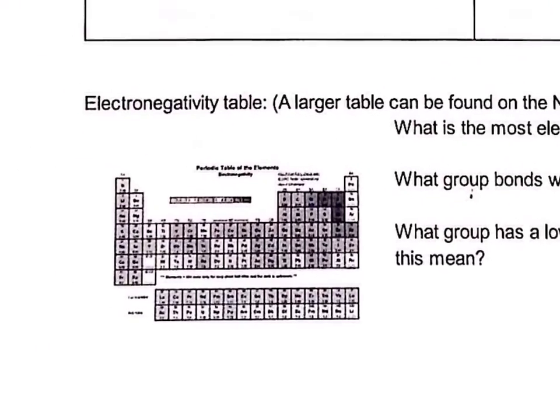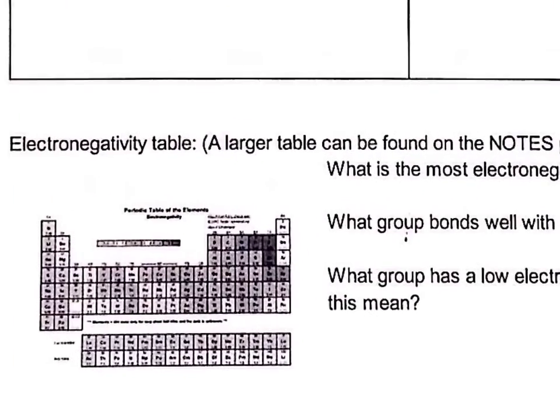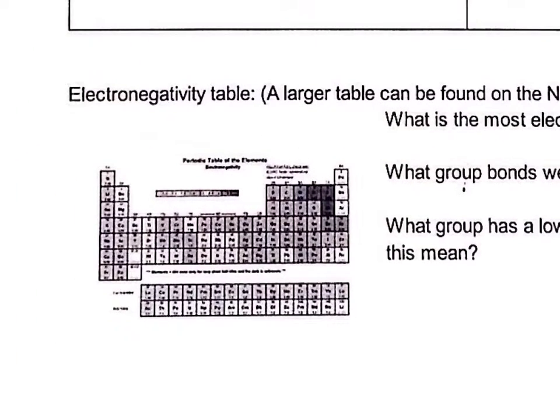Before we move on to page 2, I would like to point out a couple things on this periodic table. We have talked about metals and nonmetals, and briefly mentioned the class of elements in between, which is metalloids. In general, these are nonmetals.